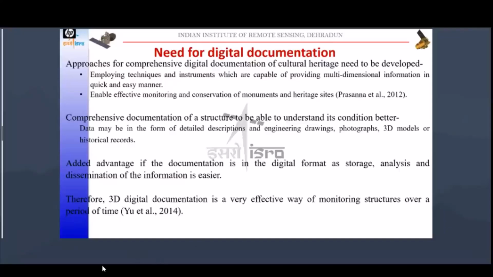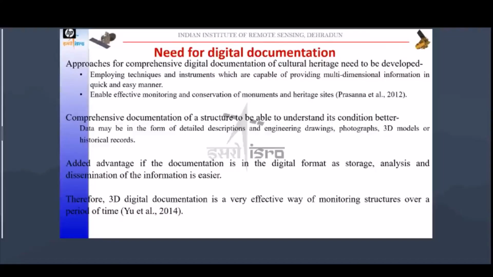So approaches for comprehensive digital documentation need to be developed so that these cultural heritage sites are properly monitored and managed. Now, we can do this by employing techniques and instruments which are capable of providing multidimensional information in a quick and easy manner. We discussed these methods and techniques, what data to use, what techniques in image processing, etc., and how to utilize that in the previous two sections.